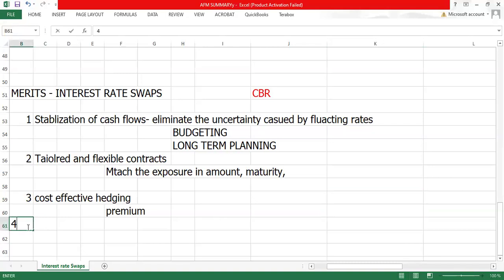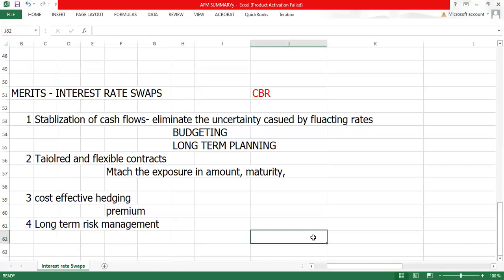And then also here, there is that issue of long-term risk management. Not like other instruments, because with other instruments, it's hard to get, let's say, a contract of 2 years in the market. Those ones are like for 1 year, March, June, September, December. It's only basically 1 year.